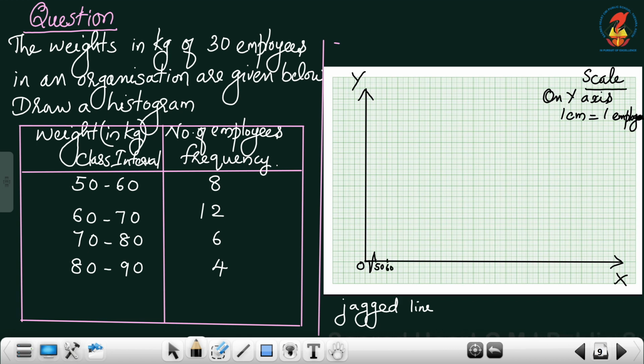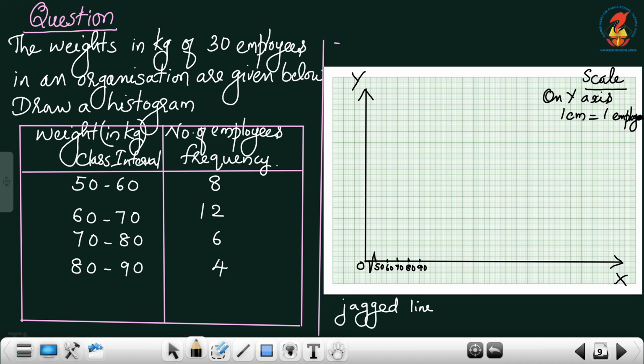Next is 60 to 70, then 70 to 80, next 80 to 90. So 50 to 60, 60 to 70, 70 to 80, 80 to 90.